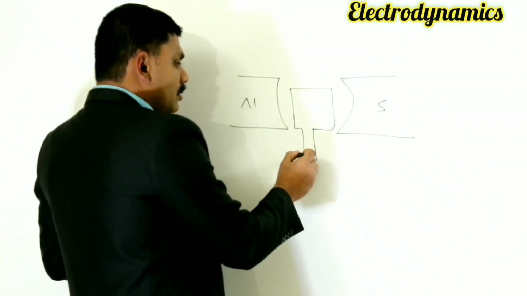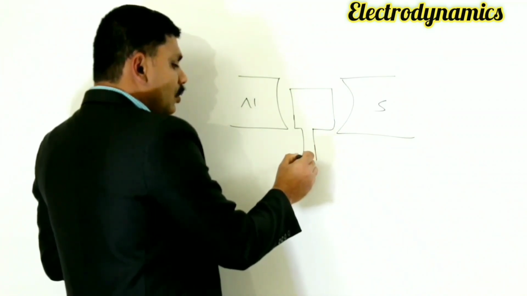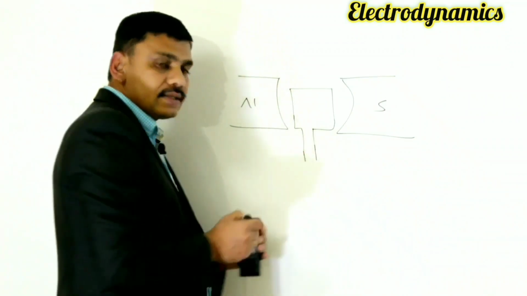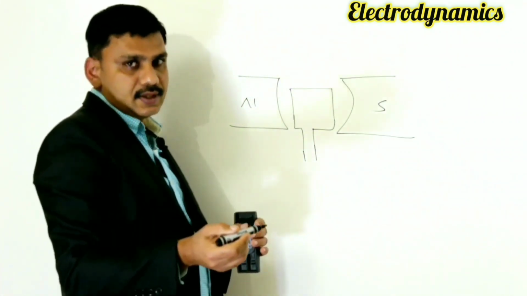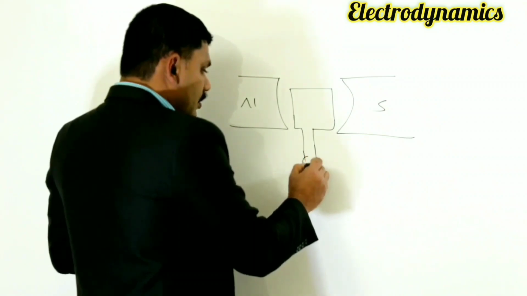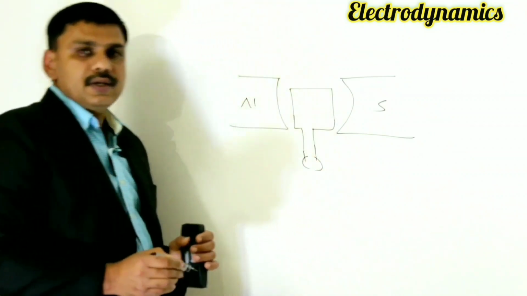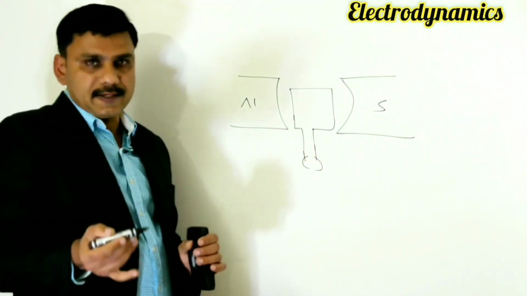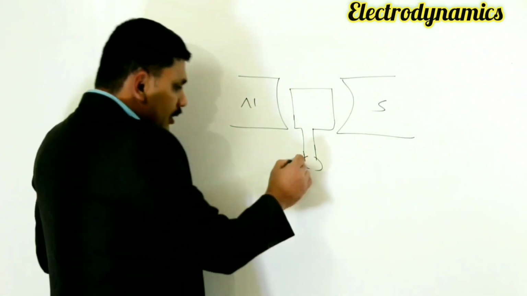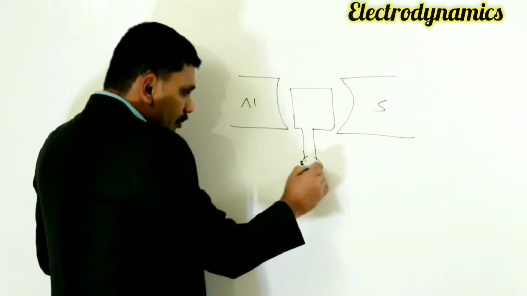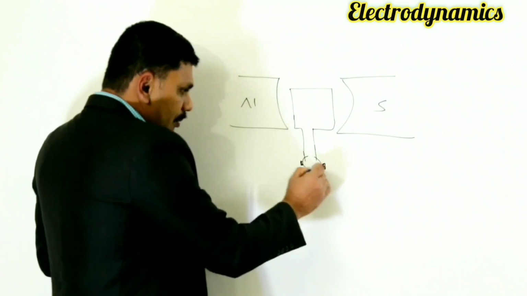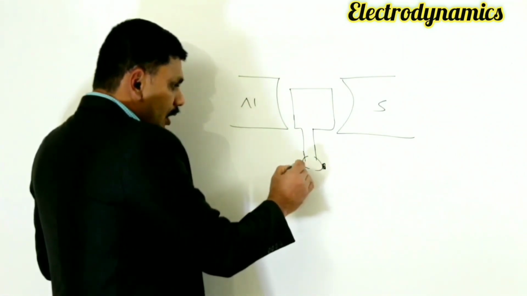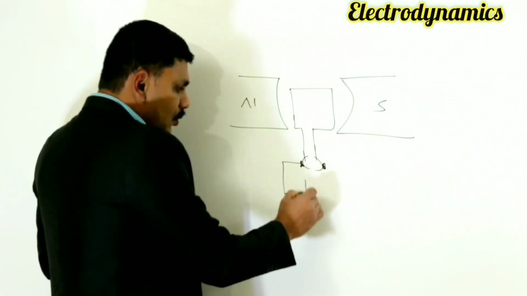The coil is connected to the slip rings or split rings, and it is again connected to the carbon brushes. And here there is an energy source.